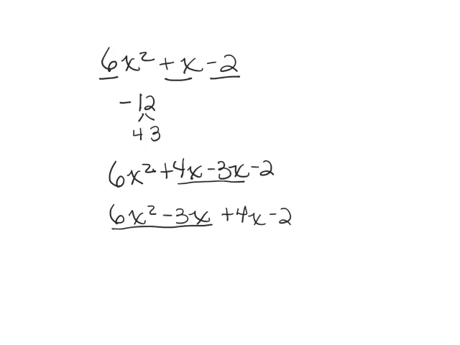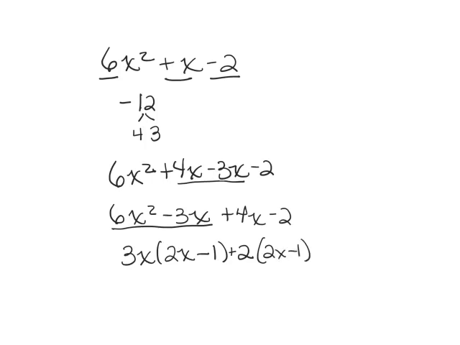Now I'm going to factor this half, and I'm going to pull out a 3x, which leaves me with 2x minus 1. And then over here I'm going to pull out a 2, which will leave me with 2x minus 1.